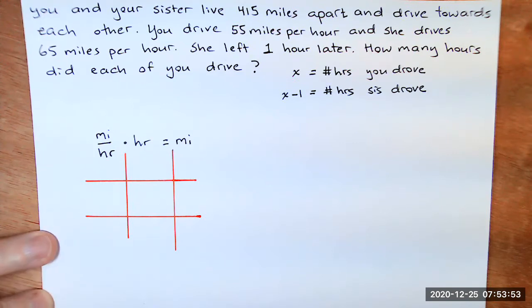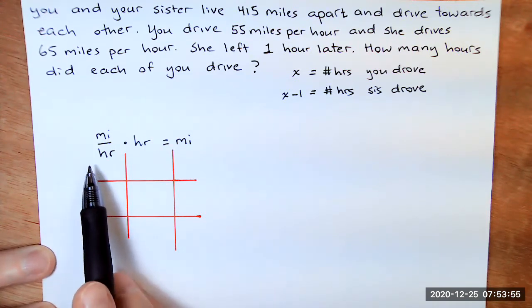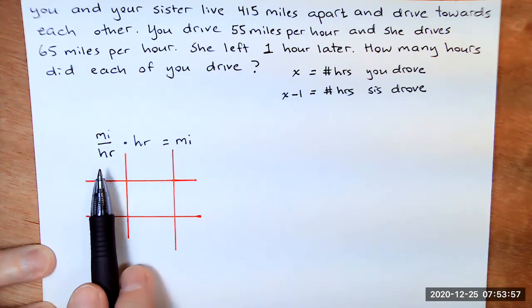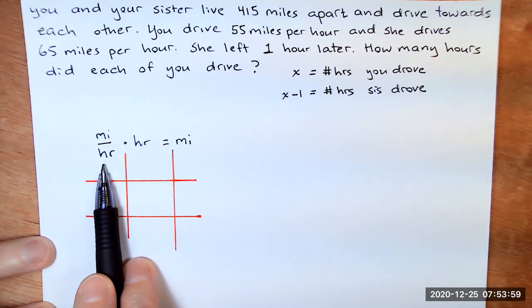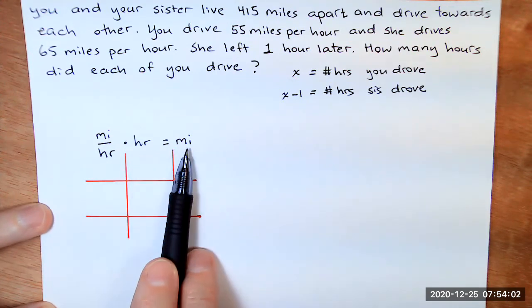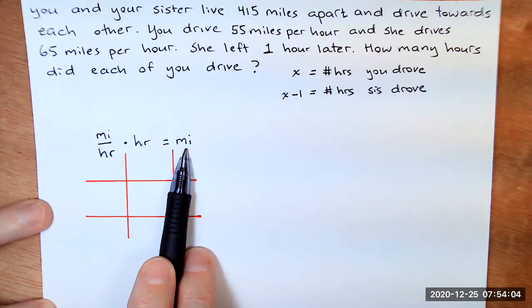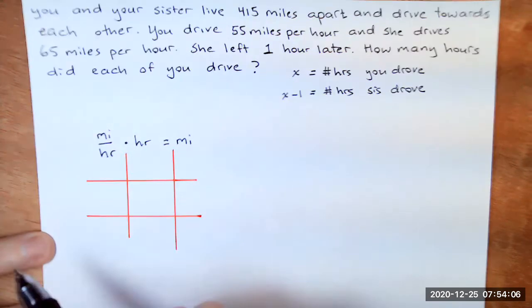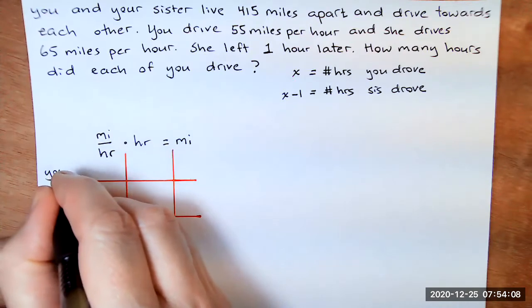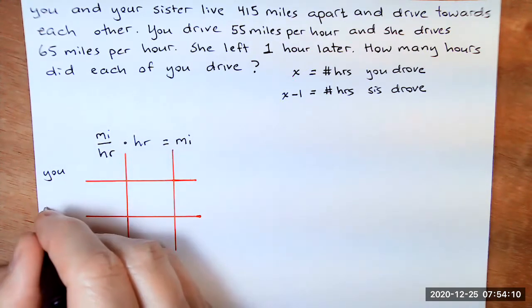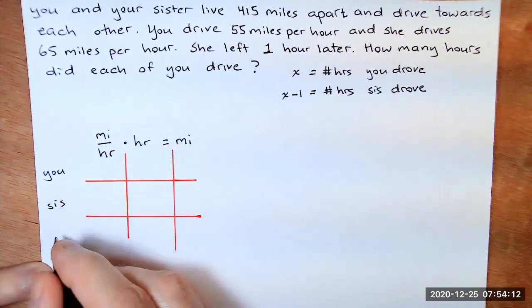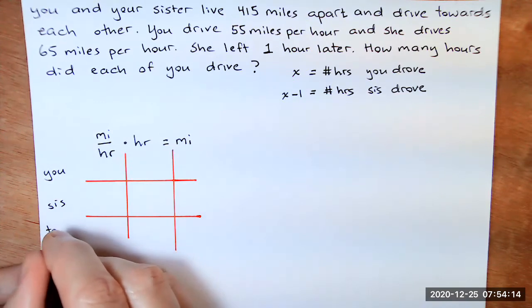But if you're not ready to do that, maybe you could just start here. So the rate equation is miles per hour times the number of hours equals the total number of miles. You could name the first row you, and the second one your sister, and then a third row for totals if there are any.